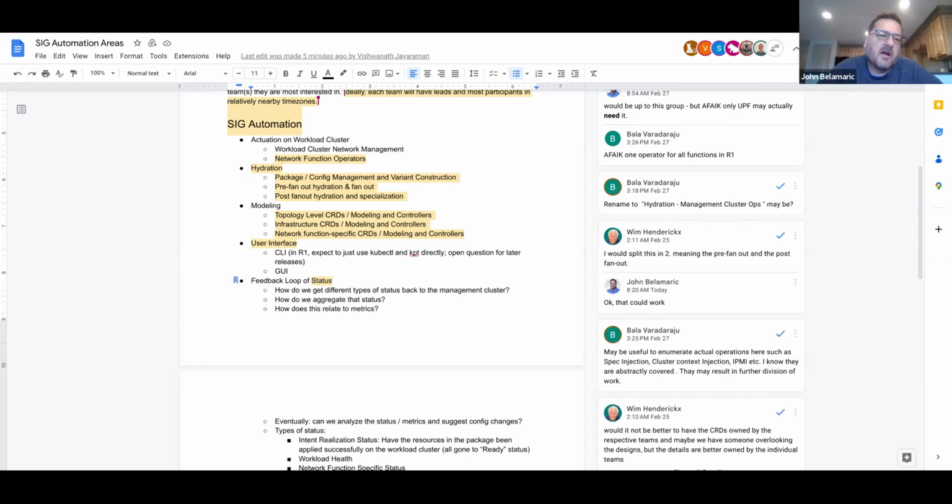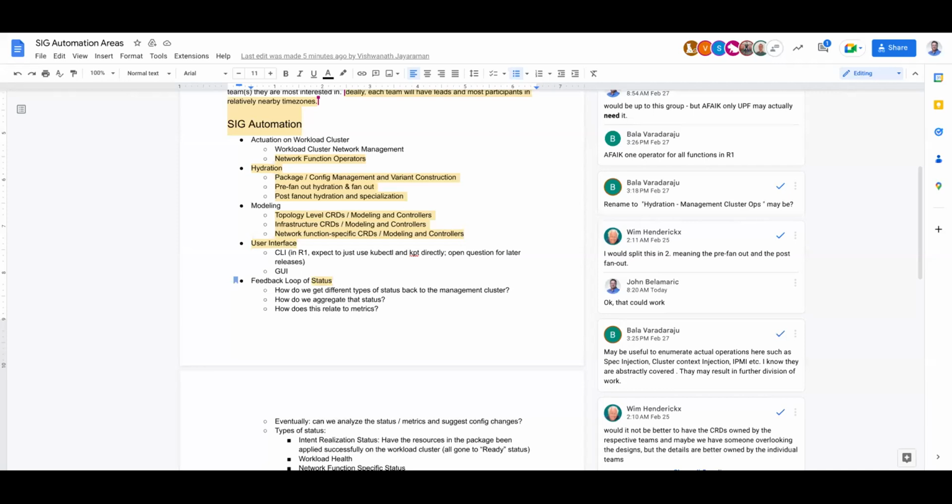Correct. Yeah, thanks, John. I was thinking something similar, but with a slight twist. Instead of saying pre-hydration, post-hydration, UX, just like the workload cluster, where we said there is a 5GC operator, which is one of the main components, and obviously the network plumbing.